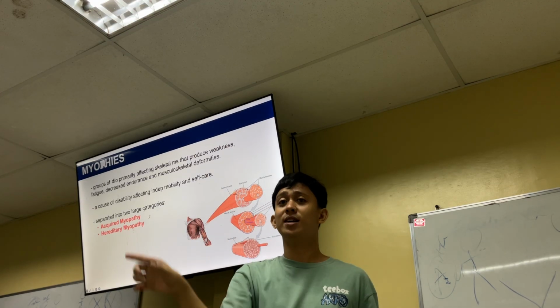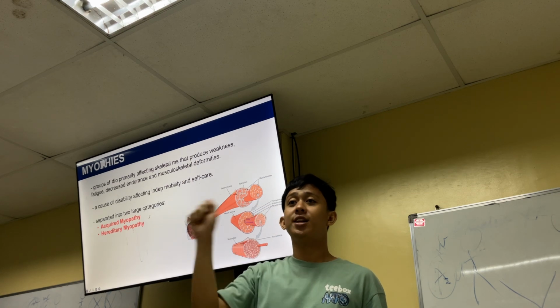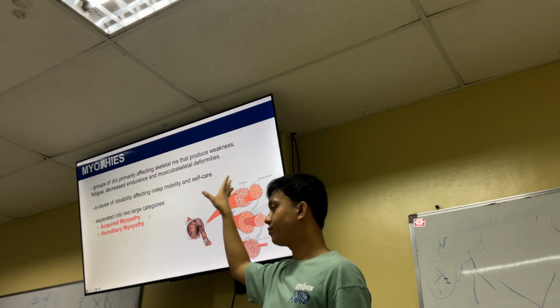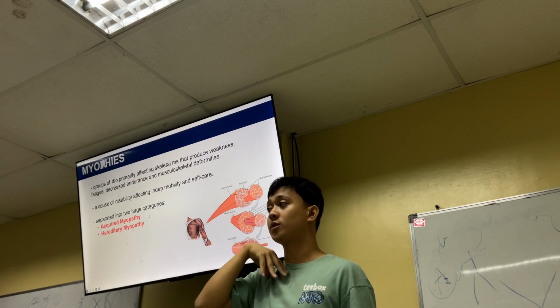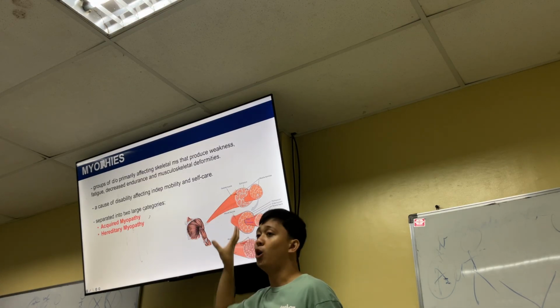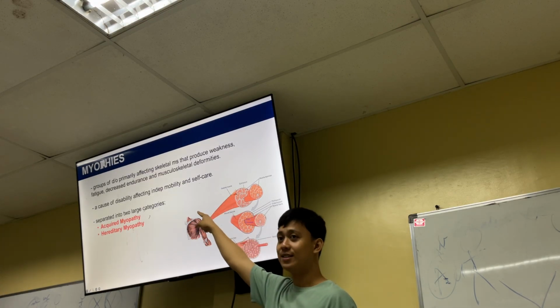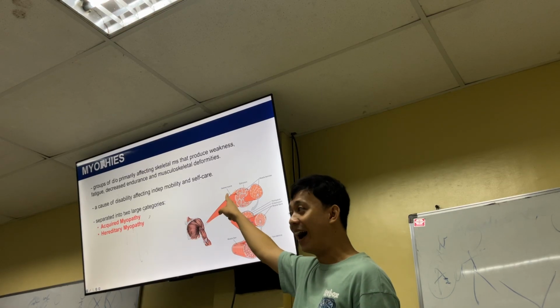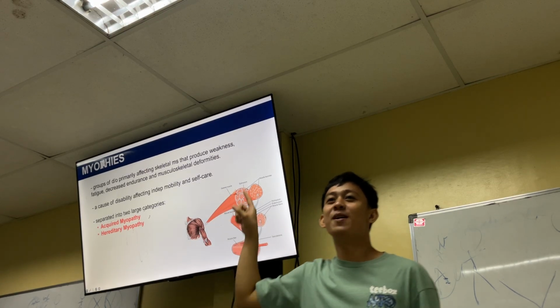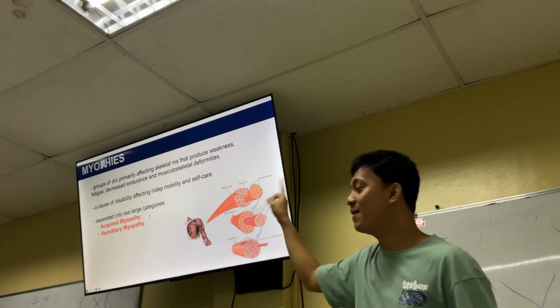The structure that made sense to me is that the first is hereditary dystrophic myopathy, so that was the first discussion. But the mother of all the mothers is myopathies.